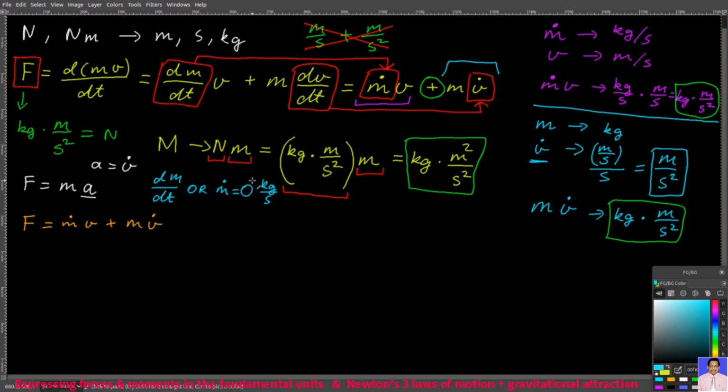It doesn't change. When that's the case, then this term here it will be 0 newtons. And then you're left with F equals m times v dot, or F equals m times a. So that's the special case where the mass of the object doesn't change. It's constant.